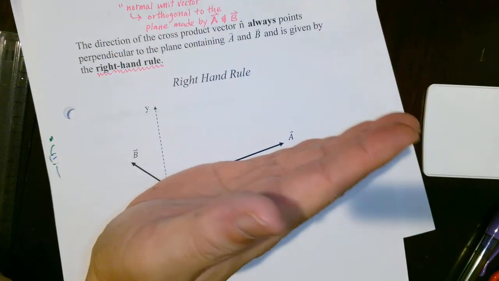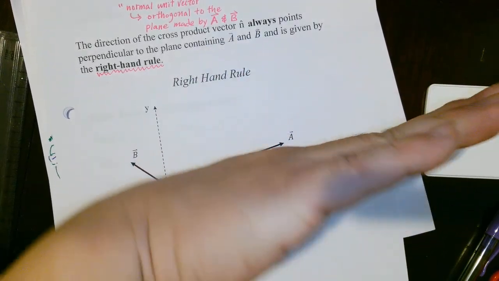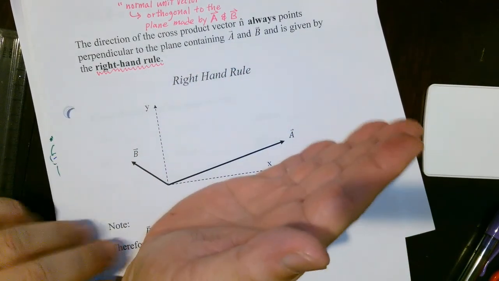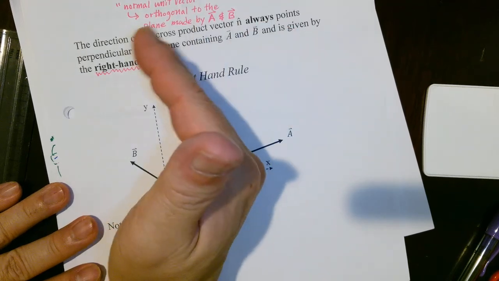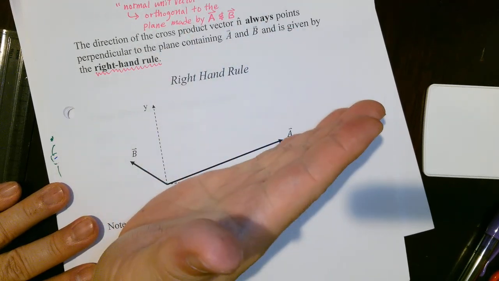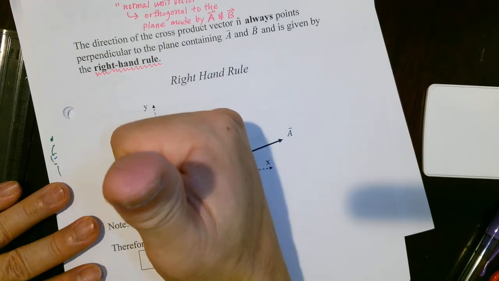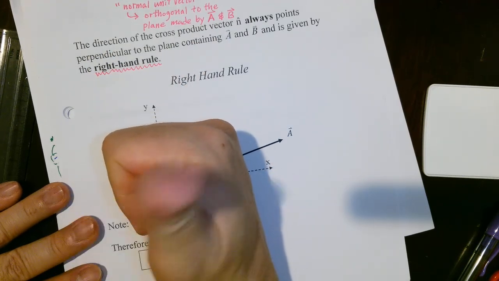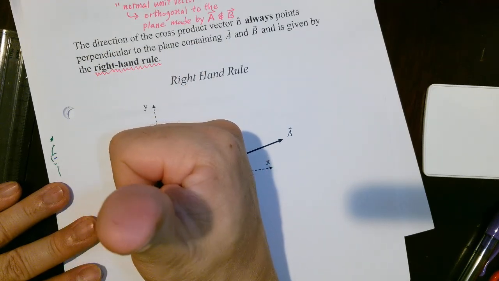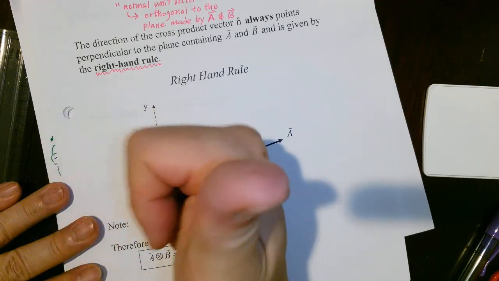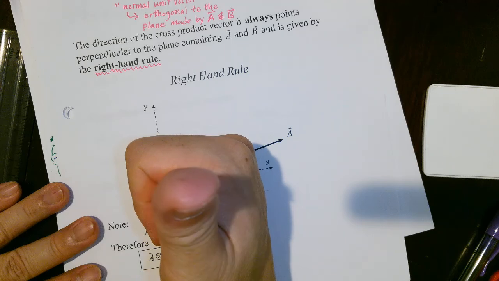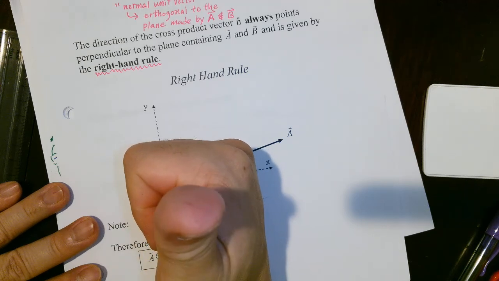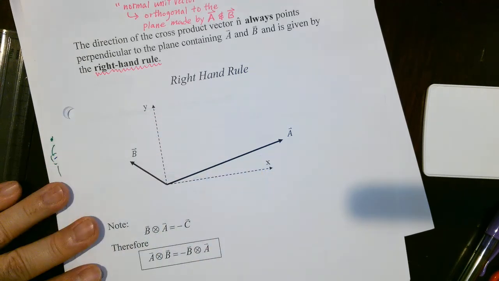Because of the hinge, I have to basically curl my finger towards the second vector I'm crossing. So A cross B. Now notice the direction of my thumb is pointing up. So A cross B will create a vector that is pointing in the positive Z direction.